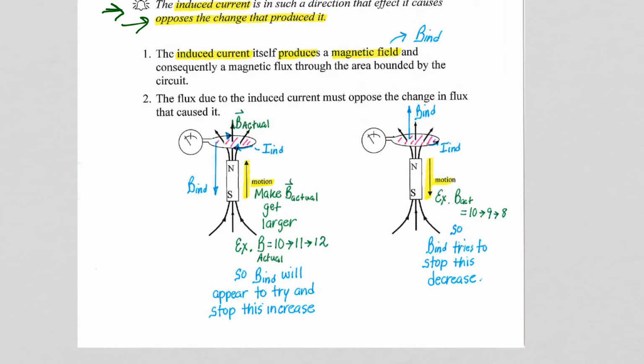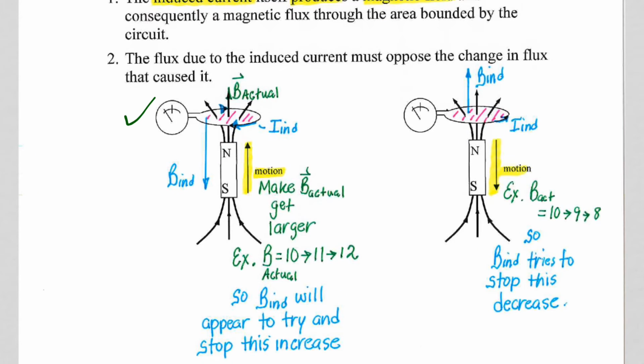So the example we used, just to go back and remind ourselves on the first page of notes, was the example over here where we were moving the magnet towards the loop area, increasing the B field that was crossing that pink area. So the flux was increasing, and if it helps you, actually count it out. Say the B field through that pink area is going from 10 to 11 to 12, and nature wants to stop that.